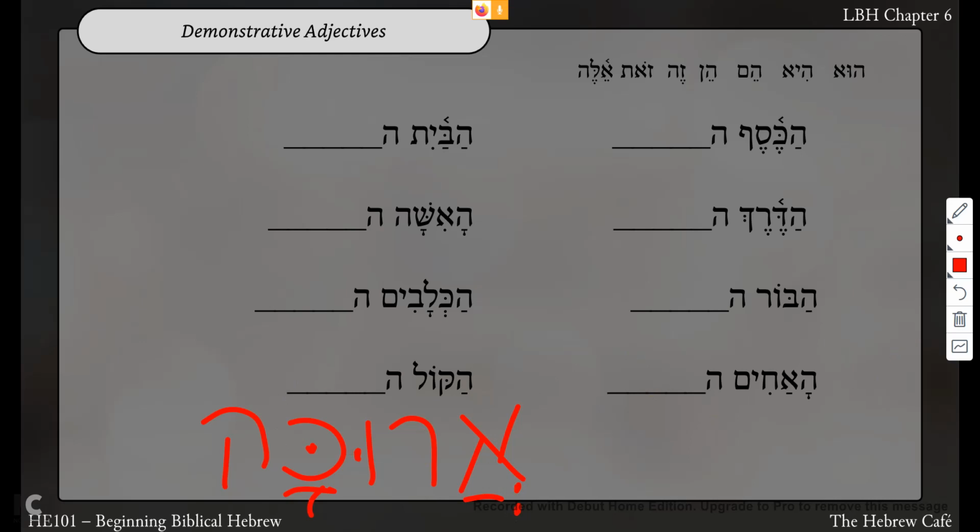It's best to memorize adjectives with the nouns to remember if they're masculine or feminine. So if yashar is straight, yishara. Derech yishara, a straight road.